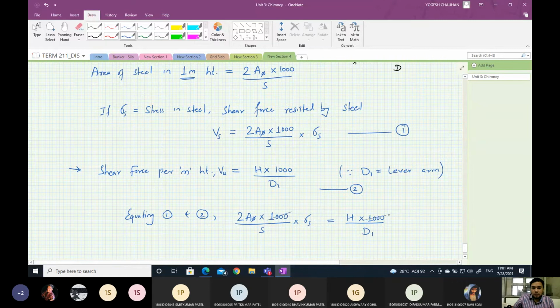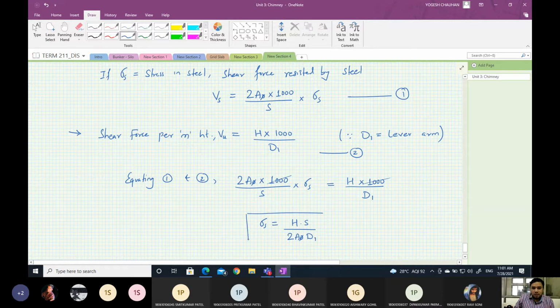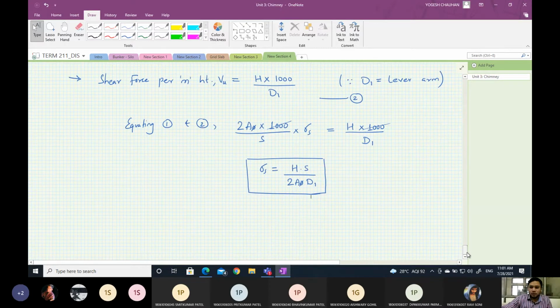So this 1000 gets cancelled. So you will get sigma S equals H, that is the horizontal force, times S, S is the pitch of the hook bars, divided by 2a5, where a5 is the area of the hook bars within the pitch length S, times d1. Okay, so this is the stress developed in the steel due to the horizontal force H.